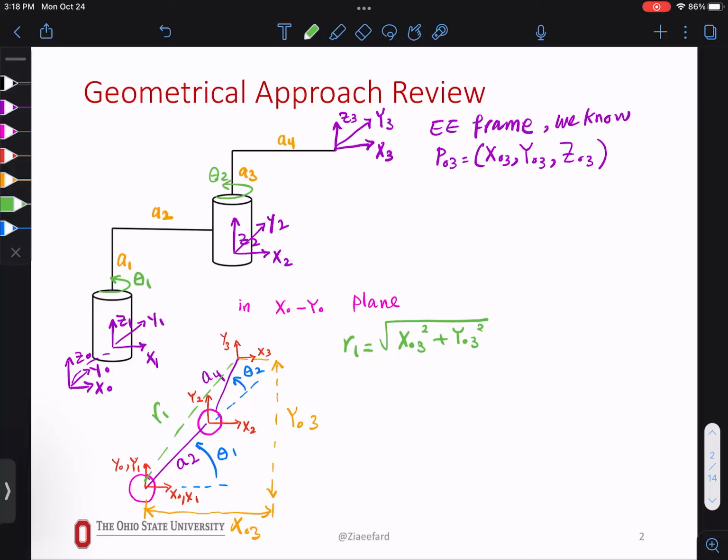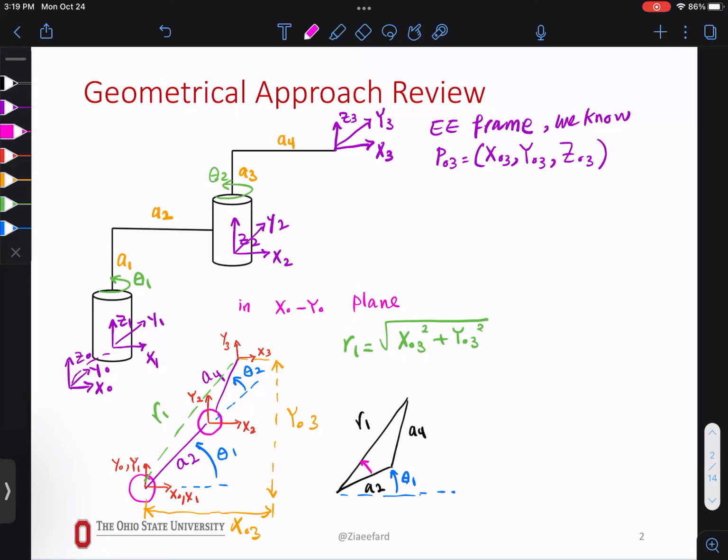So I'm going to bring this outside. R1, A4, A2, right? So this was theta 1, and let's concentrate on that for now.